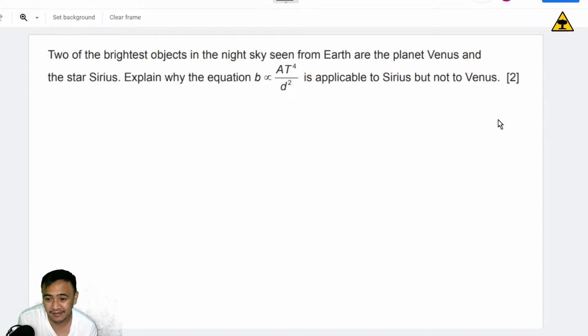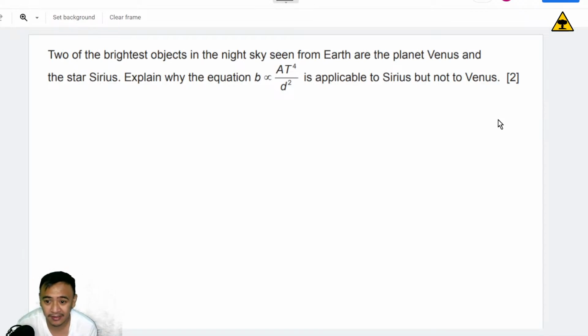It's a planet, right? Venus is a planet. It doesn't emit its own light. It reflects light. Specifically, it reflects the sun's light. And Sirius doesn't?